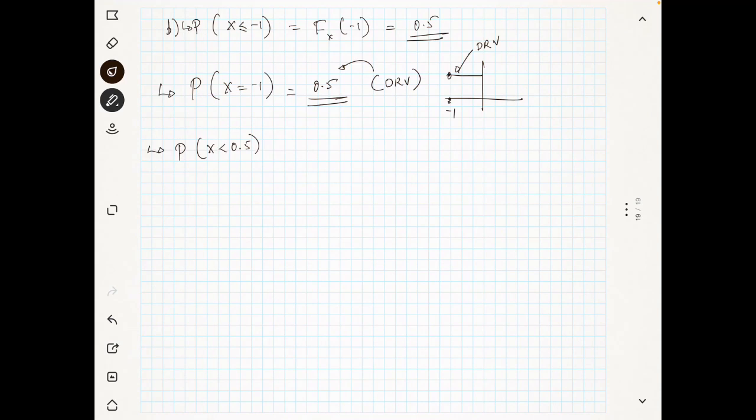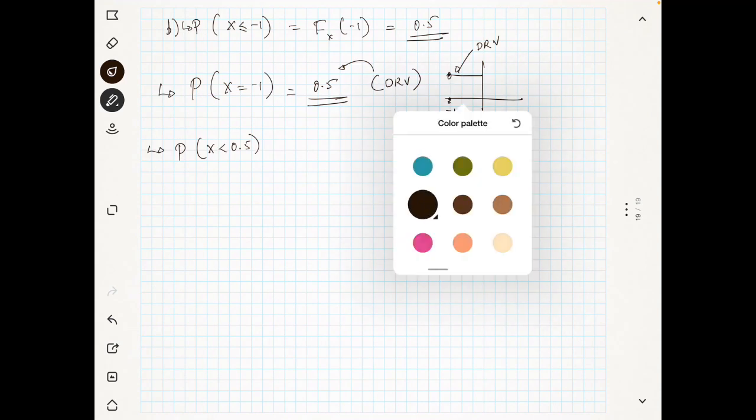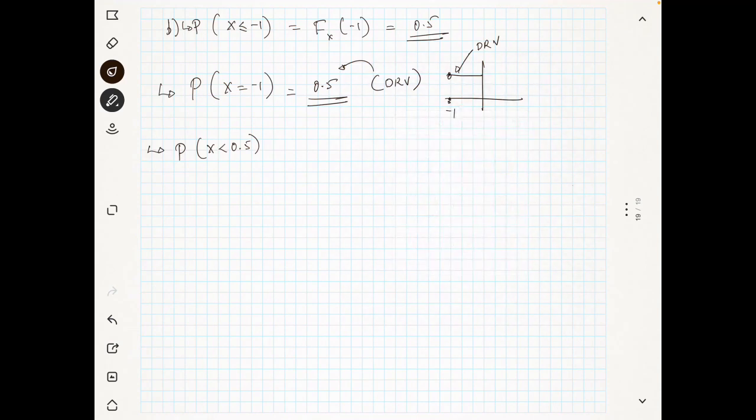So we will see what the situation is at this region. The probability that x is less than 0.5.